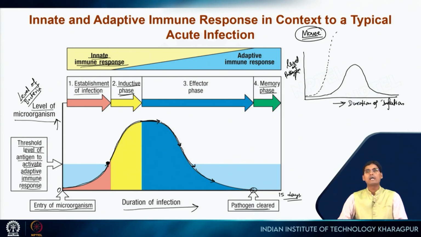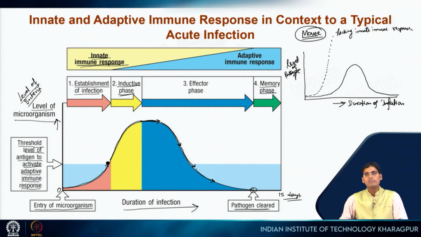The mouse will die very quickly, because the adaptive immune system is not yet activated, and before that, the number of pathogen is too high. So this is lacking innate immune response.